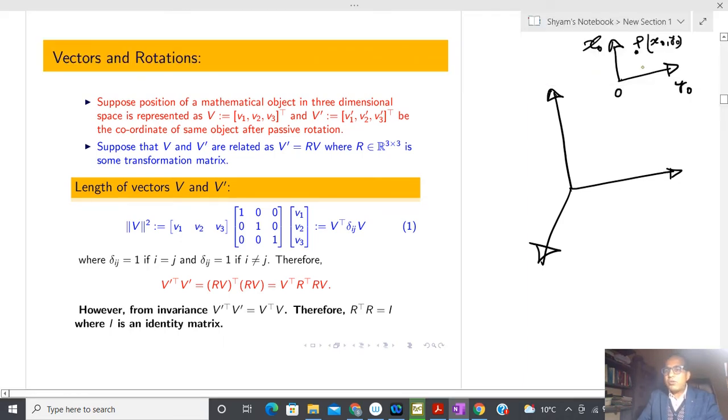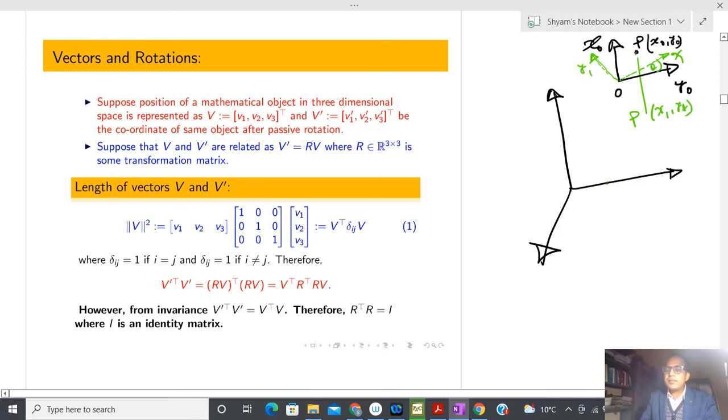The operation I am going to do is rotate this axis. I am not going to rotate the object, due to that reason I am telling this a passive rotation. And in this new coordinate frame x1 and y1, the same point can be represented now by P(x1, y1).